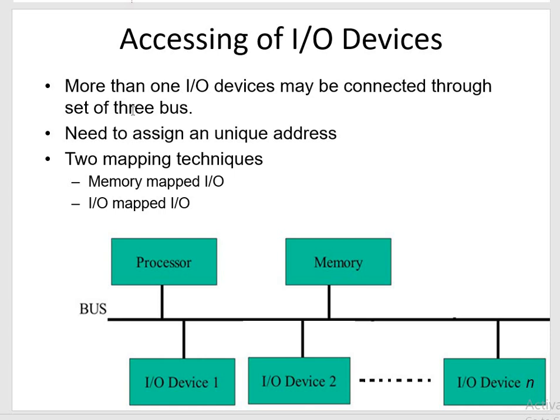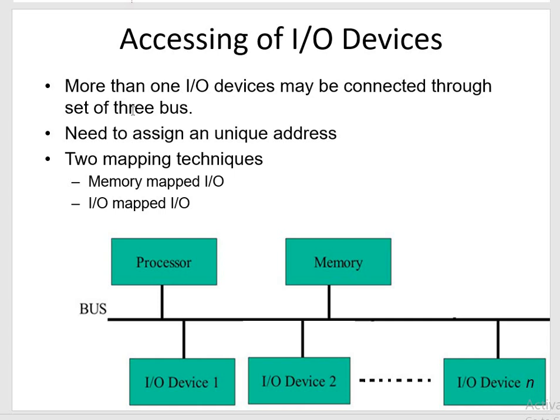As we know, different types of buses are required to interface the memory with the processor, and a similar bus structure will be used to interface the I/O devices with the processor. Address, data and control buses are required to interface the different I/O devices with the processor.